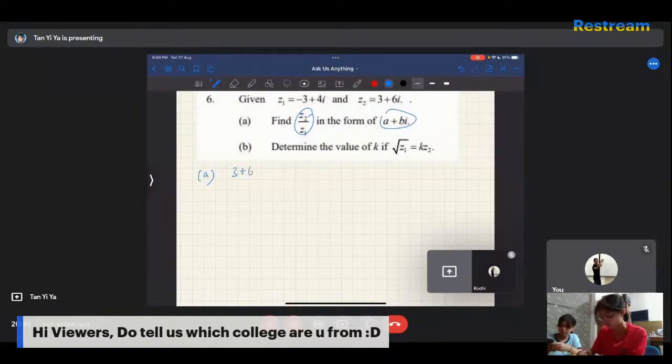So we have to find z2 over z1 in the form of a plus bi. Just do it. So it's the same. You have to write in this way.